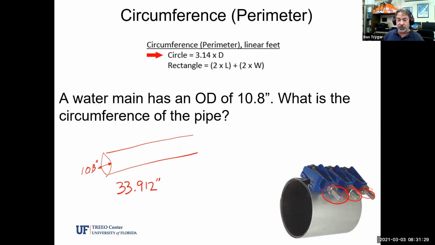So you're going to go to the shop and look for a wraparound clamp that would cover the range somewhere that would cover this 33.9 inches. Hopefully that helps you out a little bit. Sometimes they're directly given as the diameter equivalent, or as total inches that it would cover.